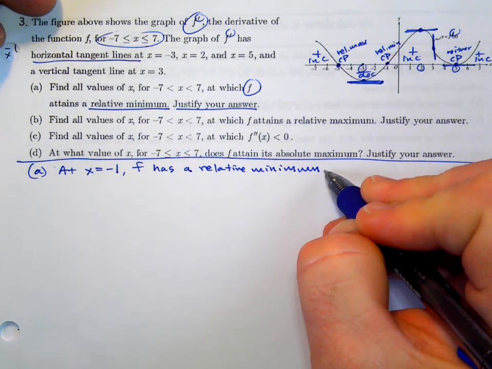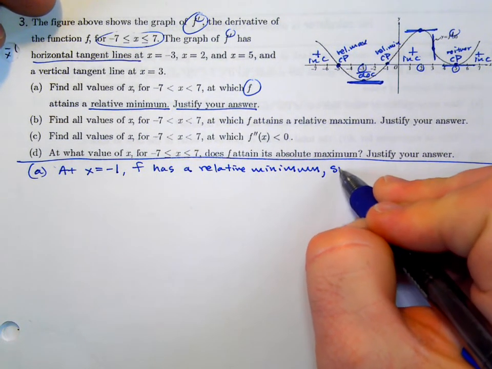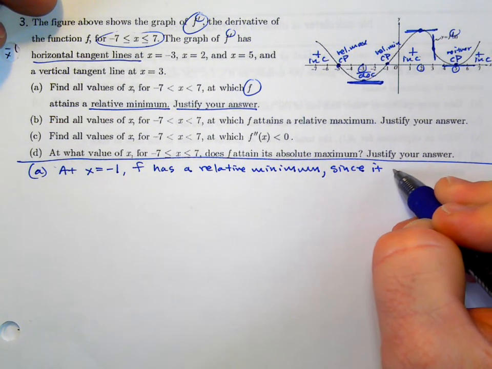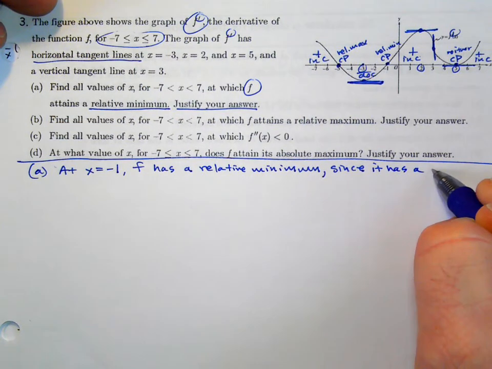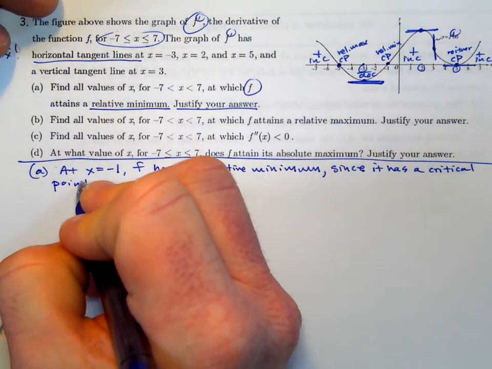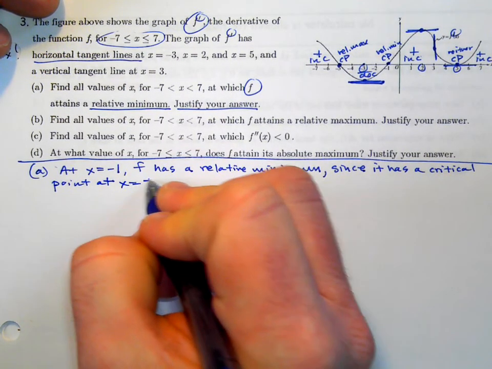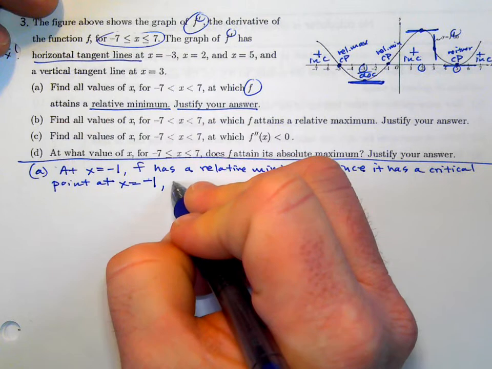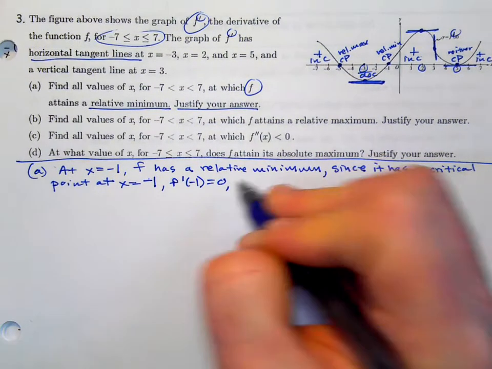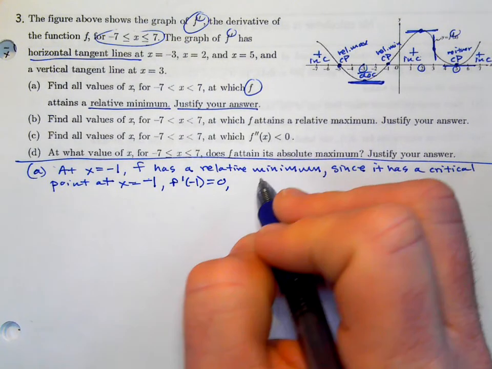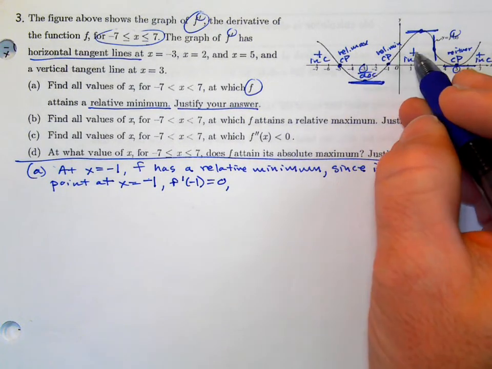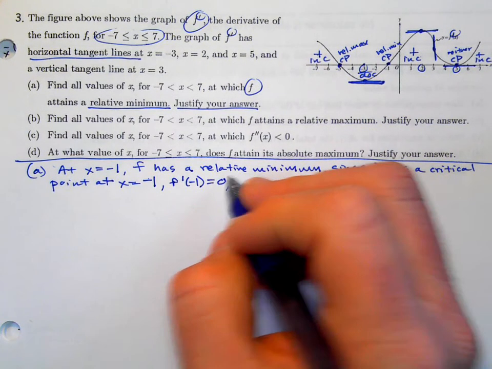And I think we should point out that it has a critical point at x equals -1, f prime of -1 equals 0. And then we need to describe the first derivative test. It says at critical points, which we've identified, if the derivative changes from negative to positive, you get a relative min. So we have to describe that.